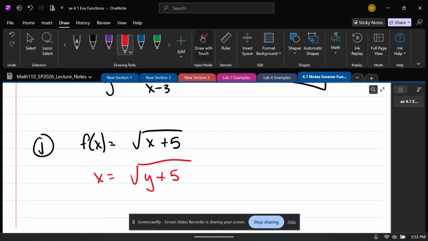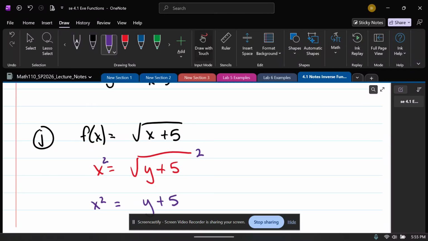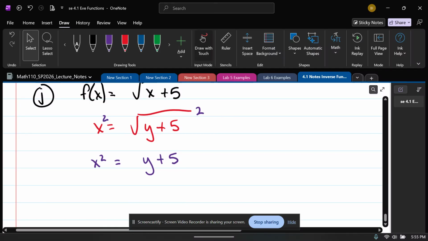How do you get rid of a square root? Square them. Okay, so I'm going to square both sides. So when I square both sides, that's going to give me x squared is equal to y plus 5. The square root goes away. That's good news.